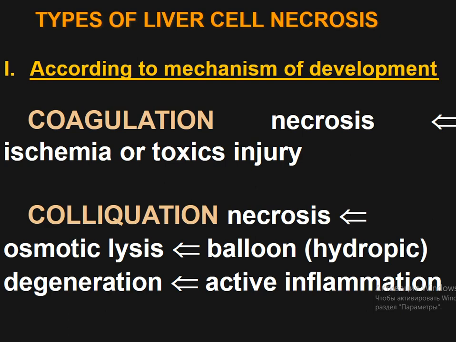Coagulative necrosis is caused first of all by ischemia or toxic injury, and colliquative necrosis is related with active inflammation accompanied with ballooning and hydropic degeneration of hepatocytes and, as a result, osmotic lysis.